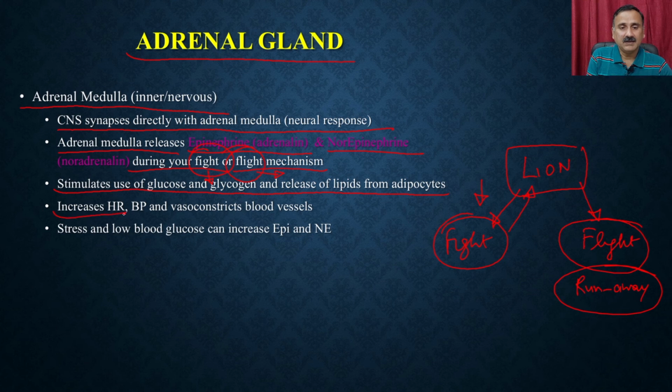It increases the heart rate, it increases the blood pressure, and it also vasoconstricts the blood vessels. All this is because it wants to prepare you for the fight or flight response. Stress and low blood glucose can induce the epinephrine and norepinephrine responses.